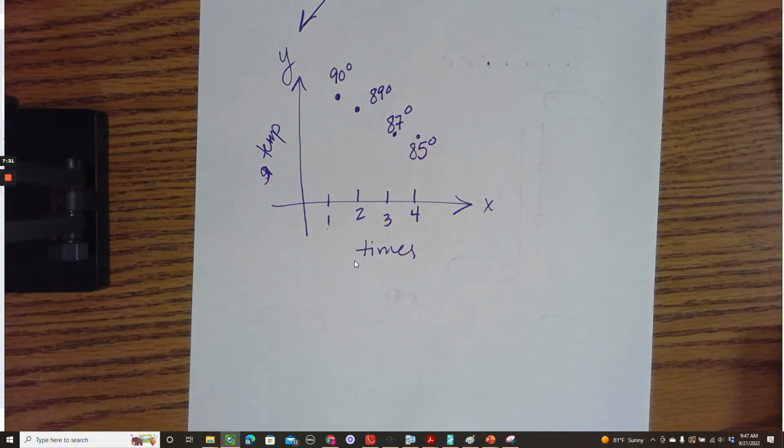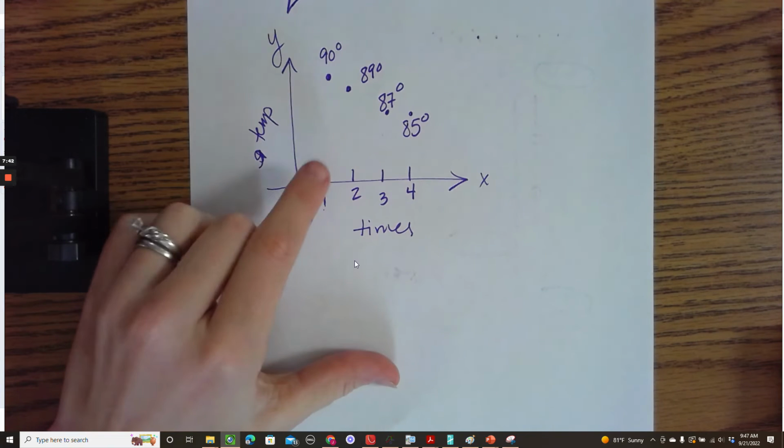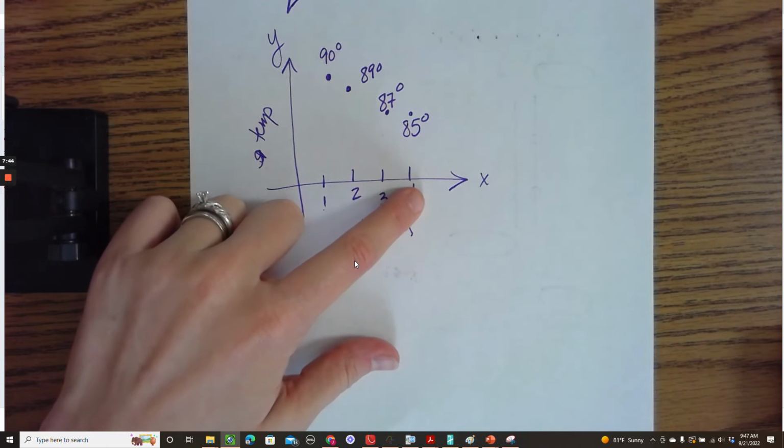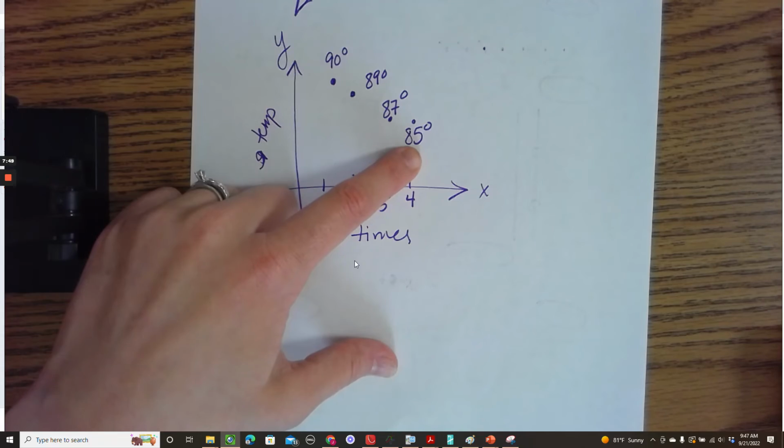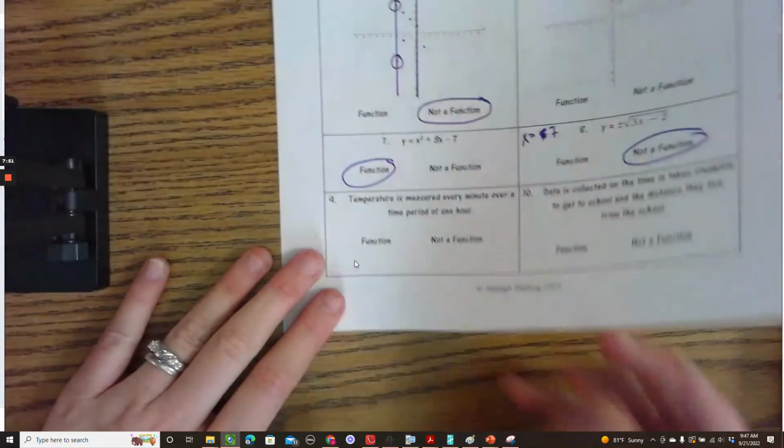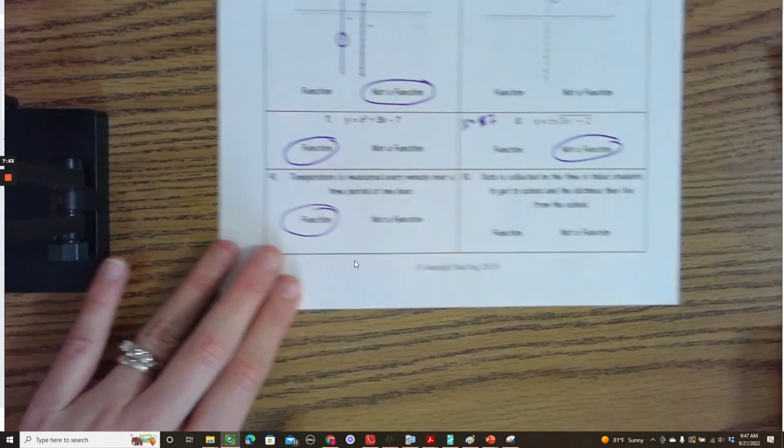It's not going to say 85 degrees and 87 degrees. A thermometer, when you're talking about temperature, there's only going to be one temperature at that one point in time, which means every X is only going to have one Y value associated with it. So that one is a function.